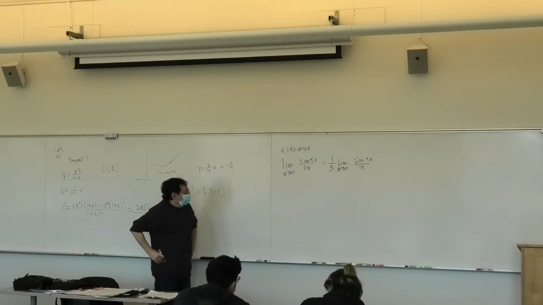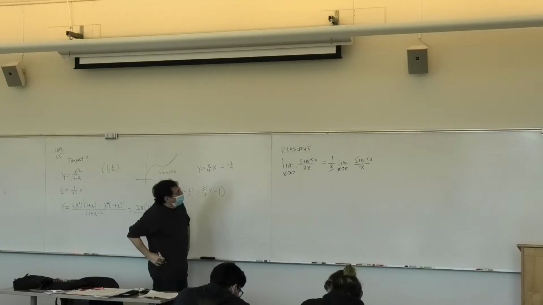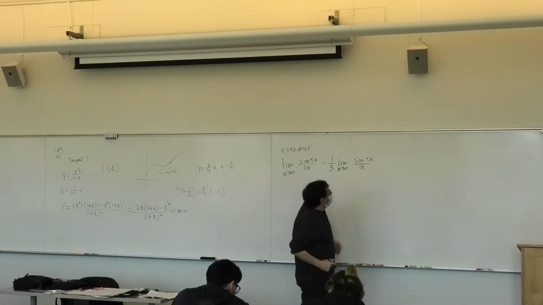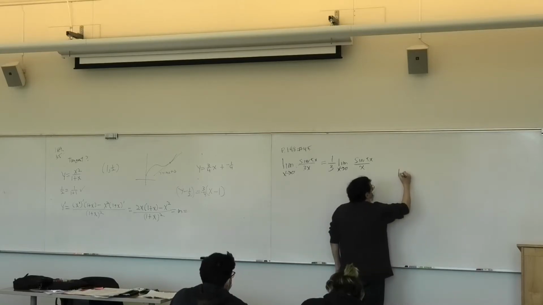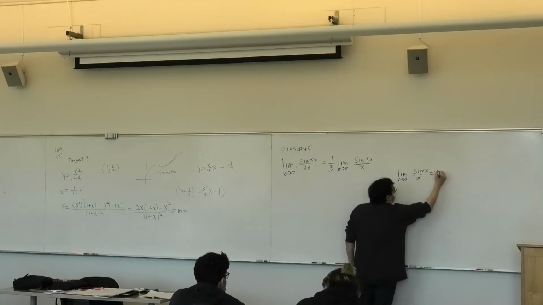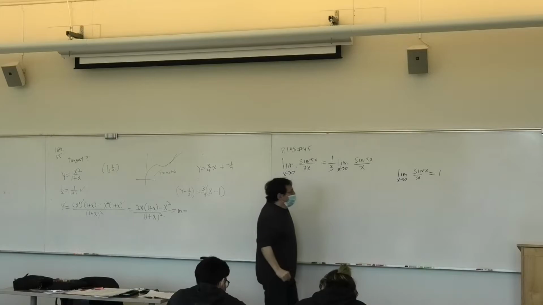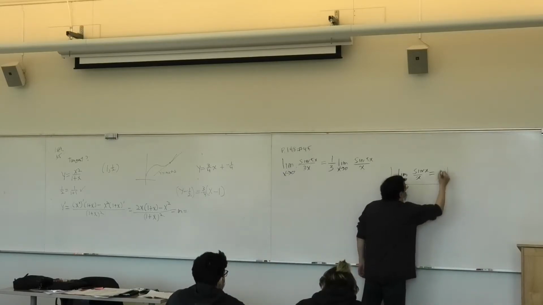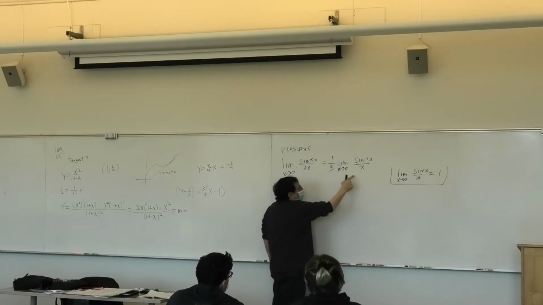It's one of the limit laws we looked at. But we don't know what this is. What we do know is that the limit as x approaches 0, sine of x over x is equal to 1. And that's going to help us. So what can we do to make this problem look like that?